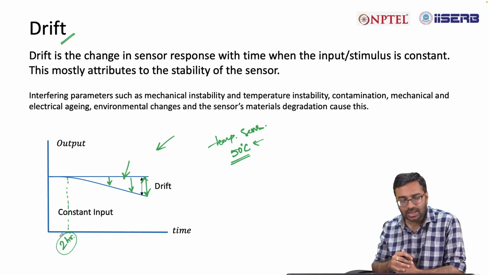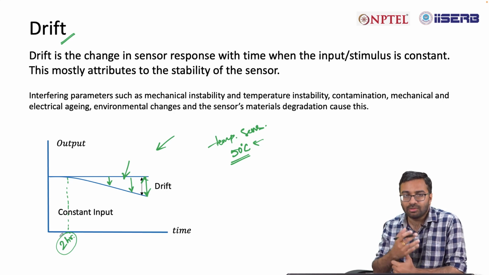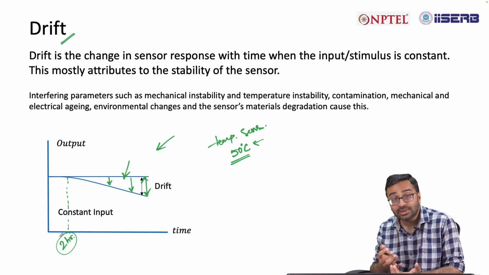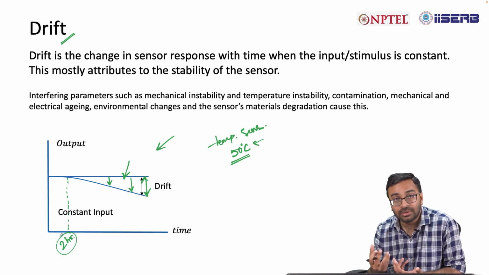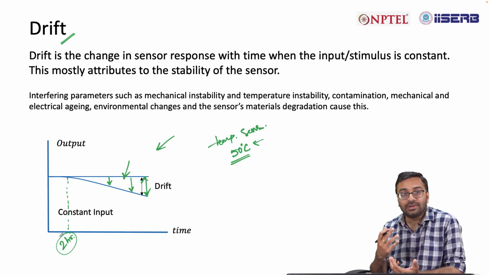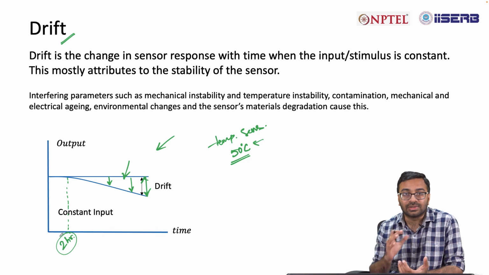This is just a representation. I have given you an example. This can be 2 hours, this can be 2 days, this can be even higher, or at times this can be even as short as, say, 2 minutes. In that case, your sensor has high drift. So one has to avoid that drift in order to work with the sensor.